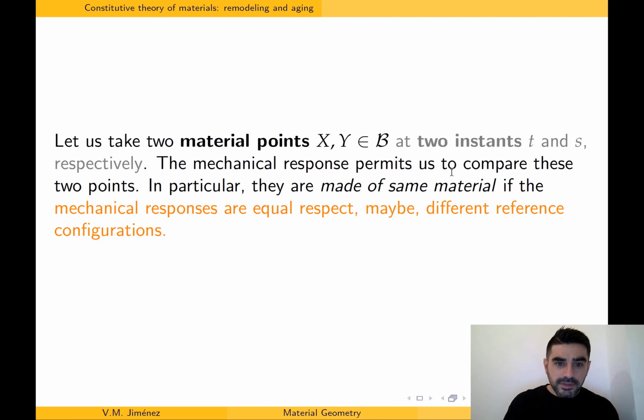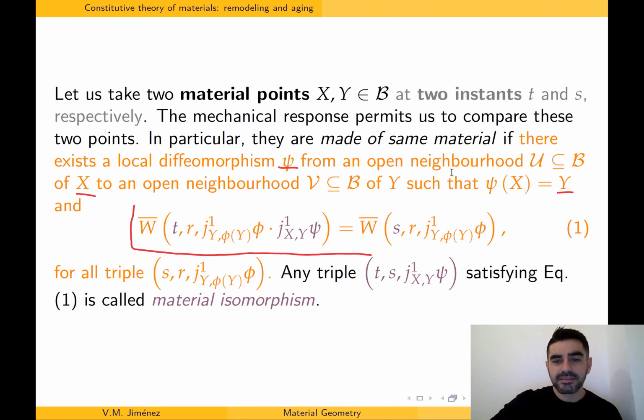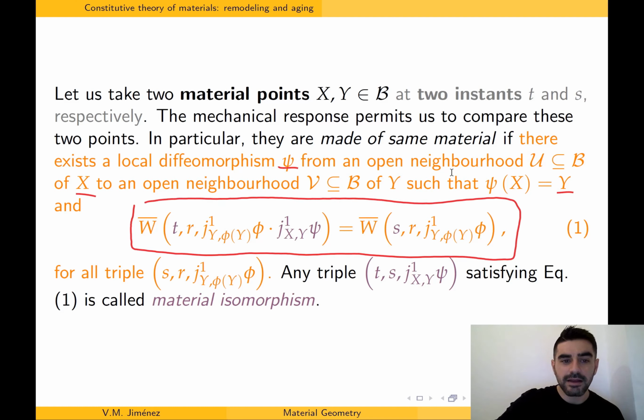So here there is an important result which says that this claim is equivalent to this one. We may say that these two points at these two different instants are made of the same material if there exists a local diffeomorphism from X to Y such that it is a symmetry by the right of the mechanical response, or what is the same, it satisfies this equality for any other triple.